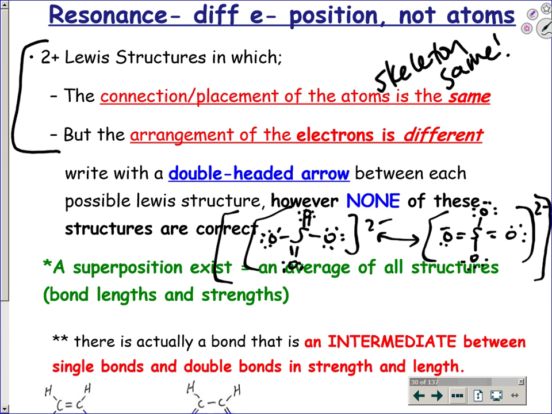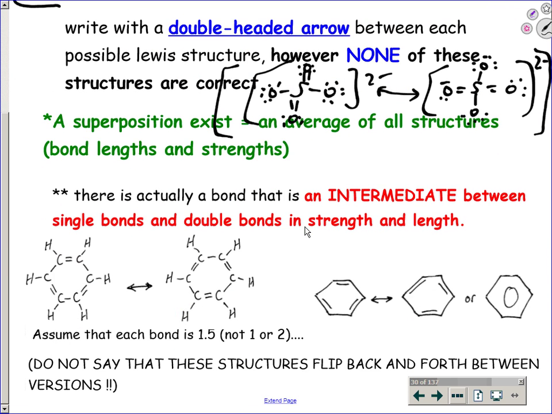So this is a single bond. This is a double bond. So this is a strength comparison here. The single bond is weaker than the 1.5 bond, which is weaker than the double bond. Question? No? Okay. Let me scroll down and we'll show you a little more here, okay?